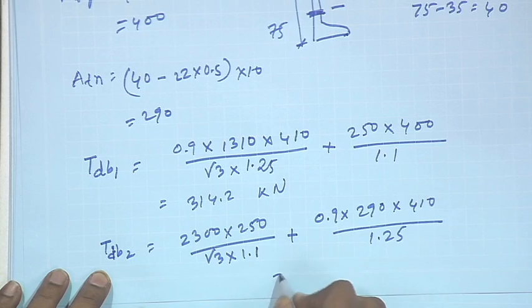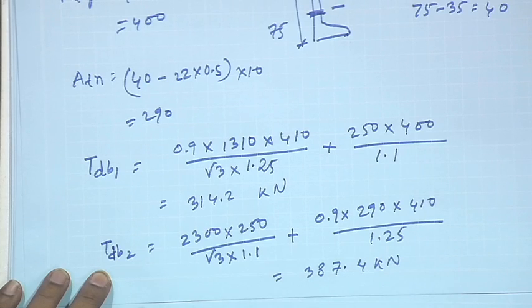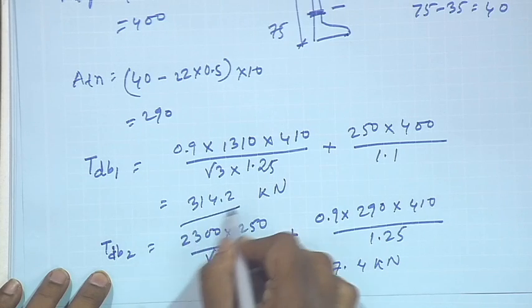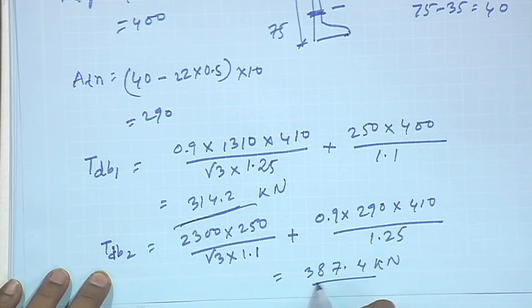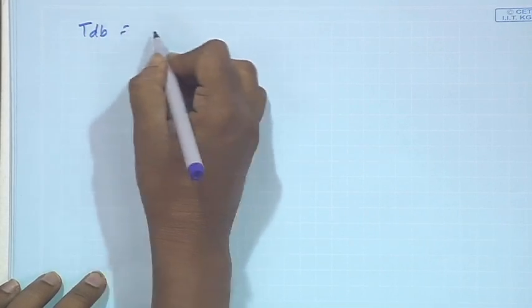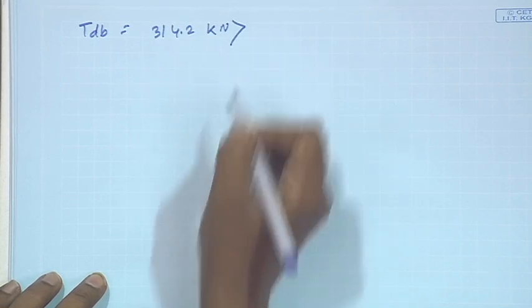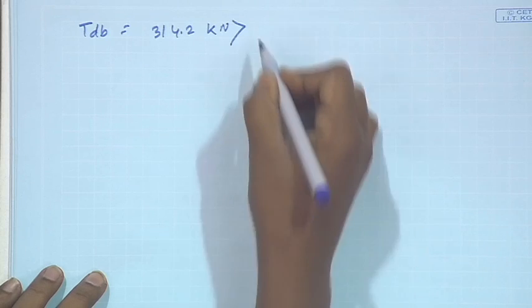So, these values are coming 387.4 kilonewton. So, TDB value will be lesser of these two, TDB1 and TDB2. Okay. That means, the TDB value will become 314.2 kilonewton, and that is greater than 200 kilonewton.